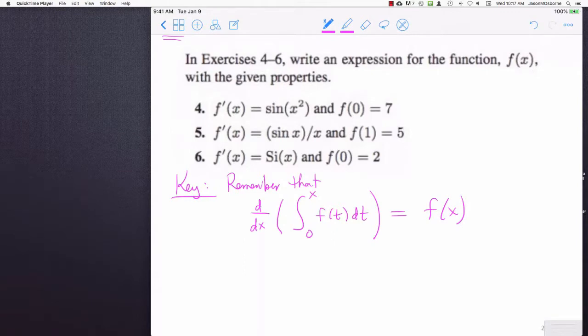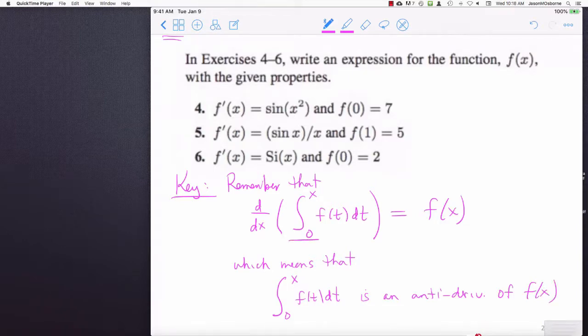Which means that the integral from 0 to x of f of t dt is an antiderivative of the function f of x. That's what it means.